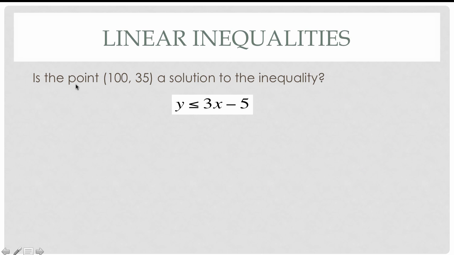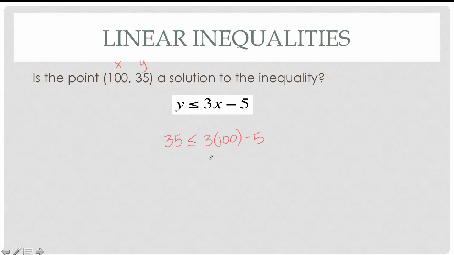What if we have a big point? Is the point (100, 35) a solution? Well, again, all that's saying is if we put in 100 for x and 35 for y, is this inequality true? So let's check it out. Is 35 less than or equal to 3 times 100 minus 5?